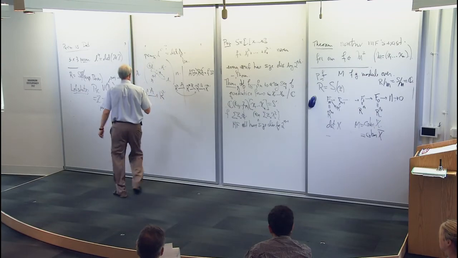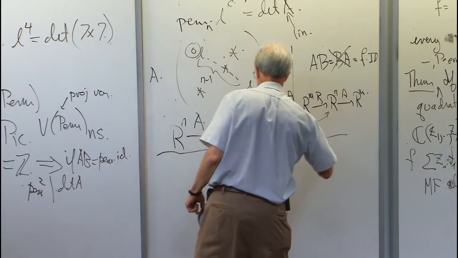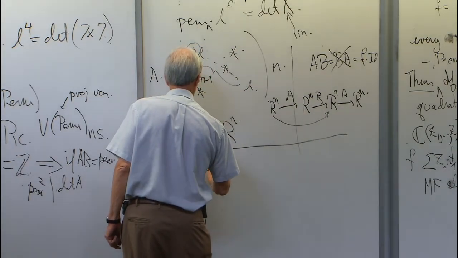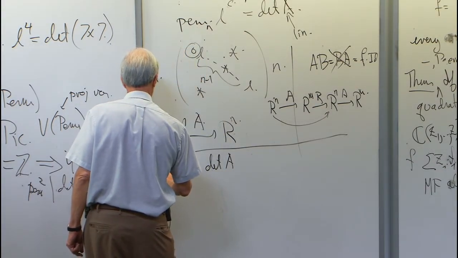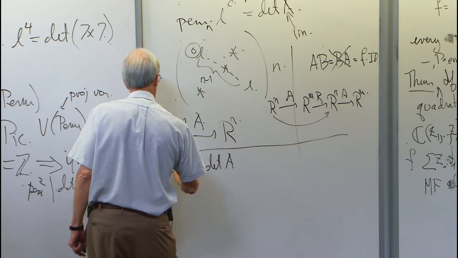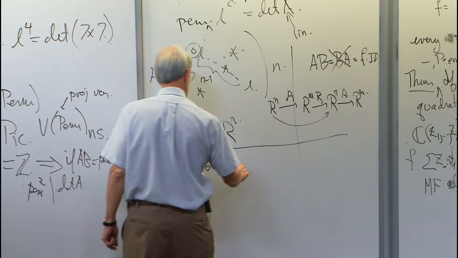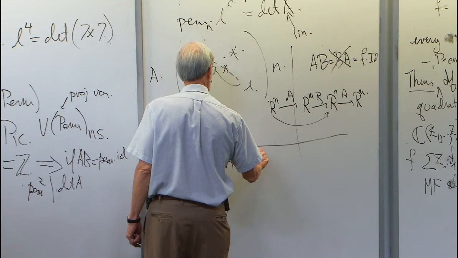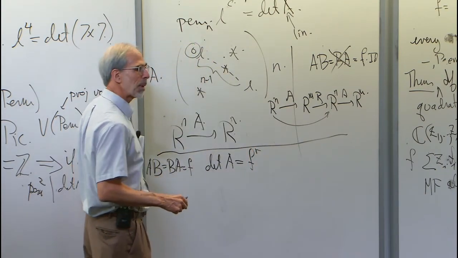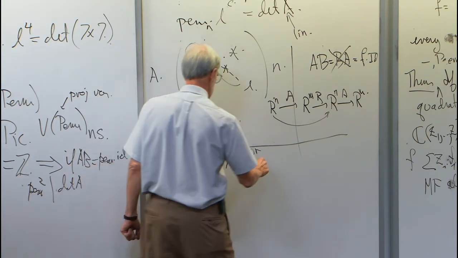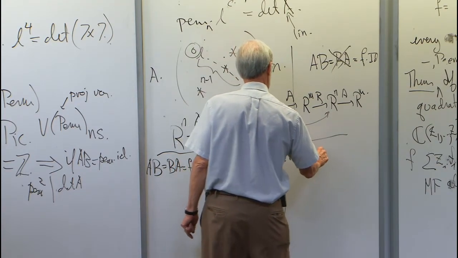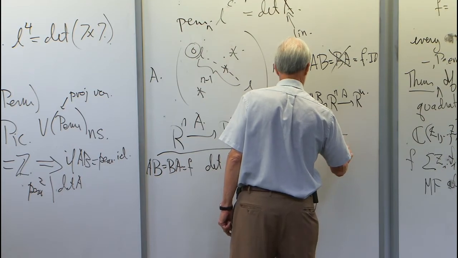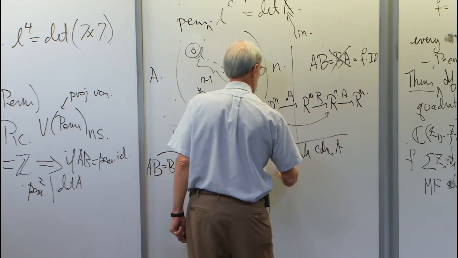I didn't emphasize this, but there's this basic relation: if AB equals BA equals F, so we have a matrix factorization, then the determinant of A, as we said, is a power of F, some Rth power of F. And R is, in a natural sense, the rank of the cokernel of A. That's the basic relation here.